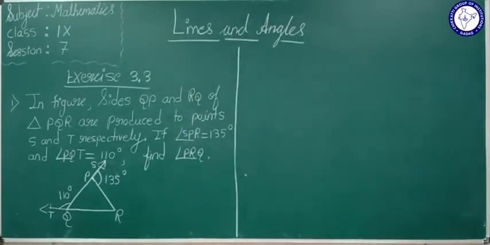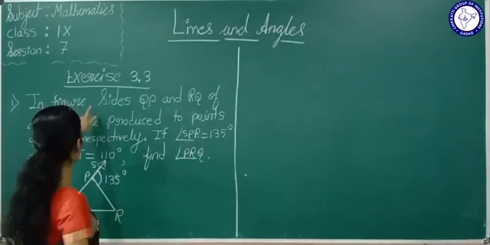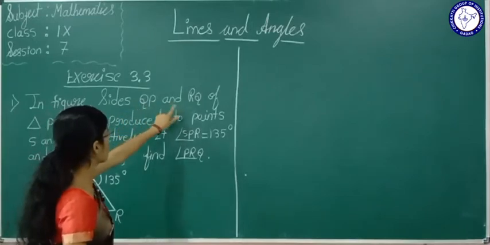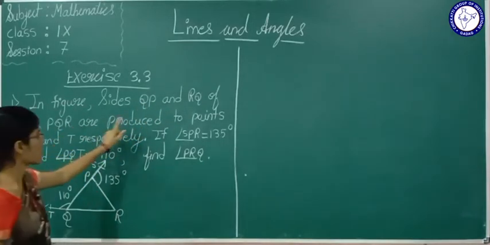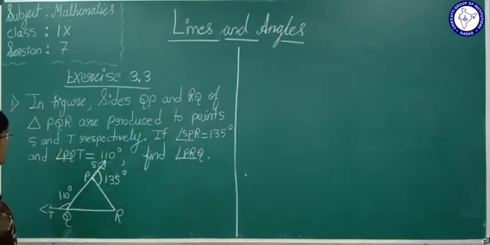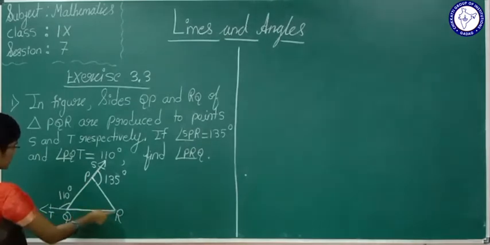Now see, students, exercise 3.3, first question. In the figure, sides QP and RQ of triangle PQR are produced to points S and T. See here, triangle PQR is there.